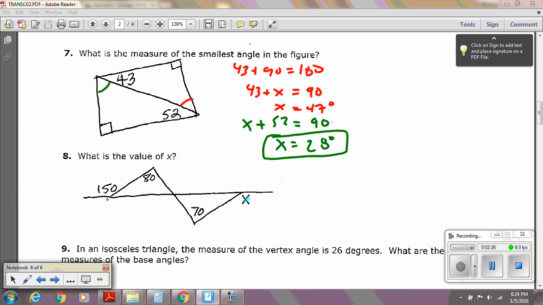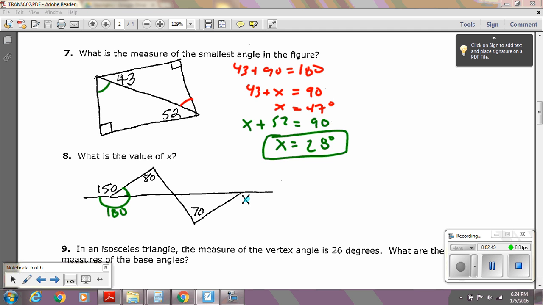The first thing I notice is I can find this angle inside this triangle at the top, because 150 and that angle in green form a line, or a linear pair. So together 150 and my green angle will be 180 degrees total.